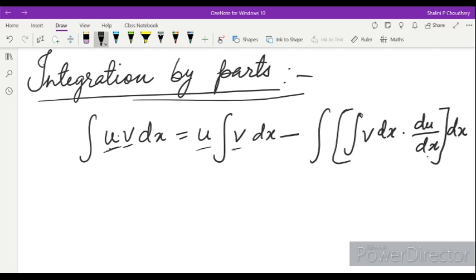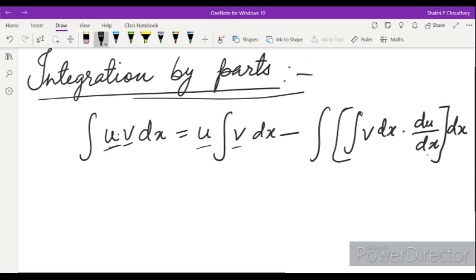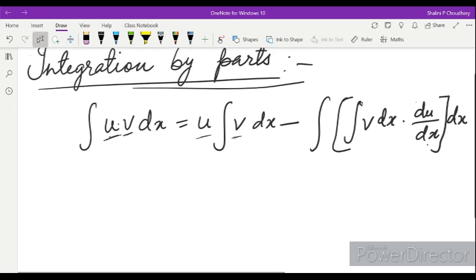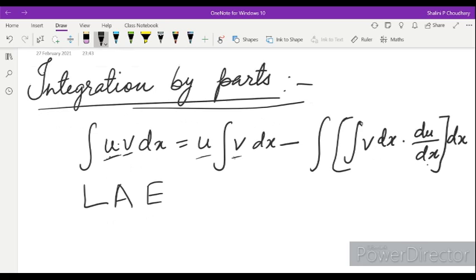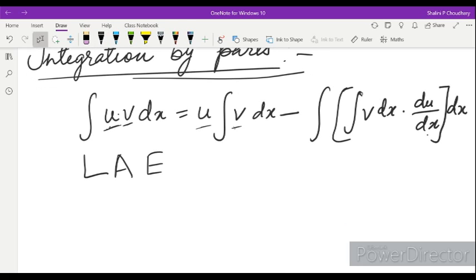Okay, so one more thing you have to remember while doing this sum is the concept of LAE. If there are two functions given, like e to the power x into log of x, which function do you keep as u, the first function, and which one is the second function?